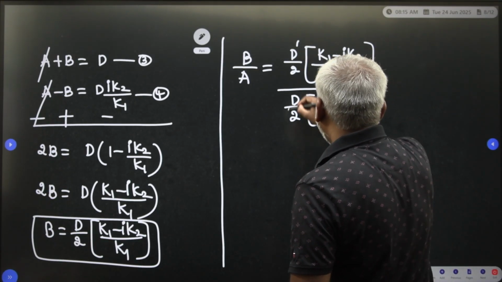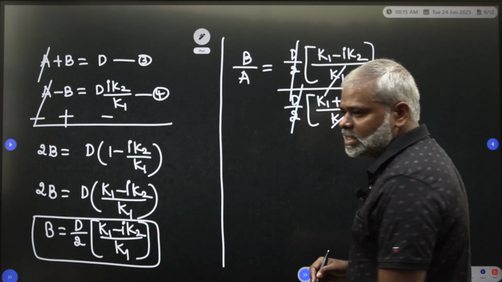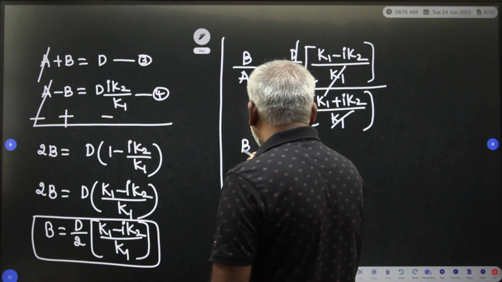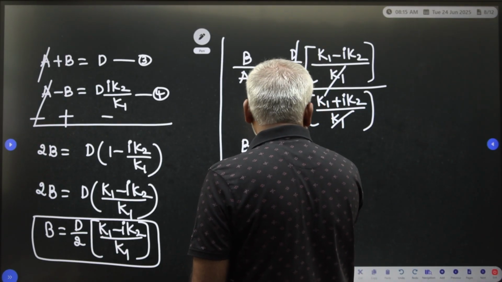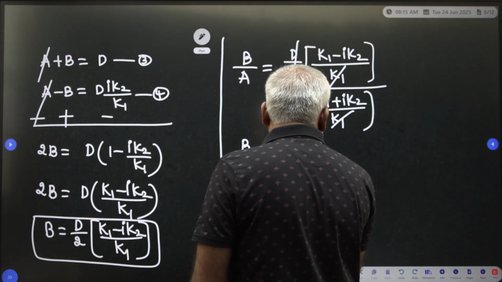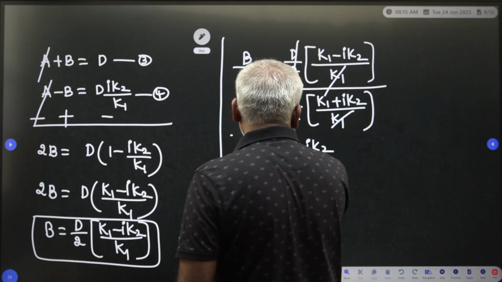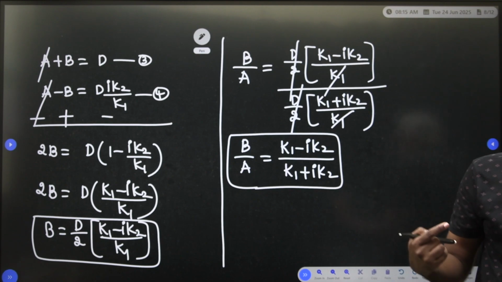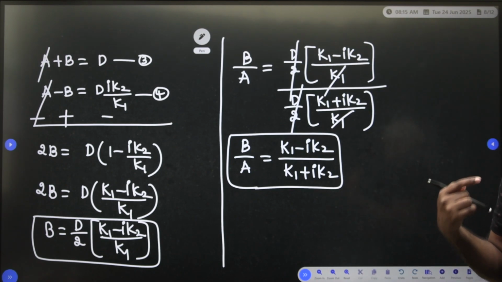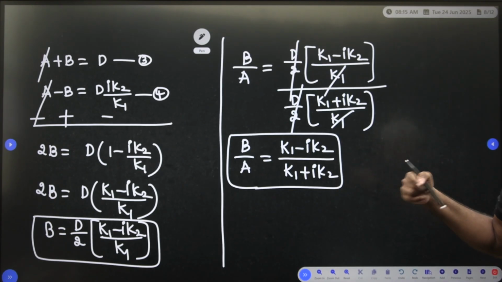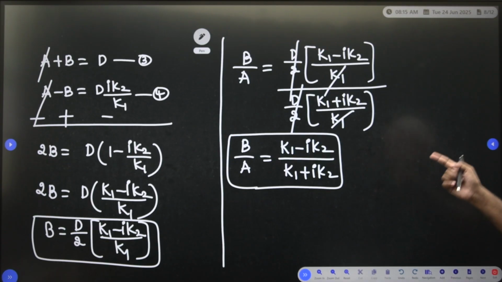D by 2 gets cancelled, and the denominator term K1 also gets cancelled. Therefore B by A is equal to (K1 minus iK2) divided by (K1 plus iK2). You have to remember this B by A value.